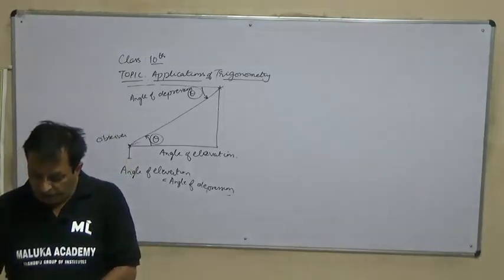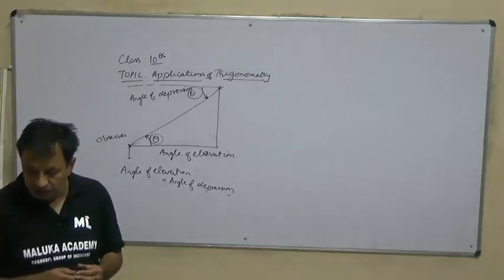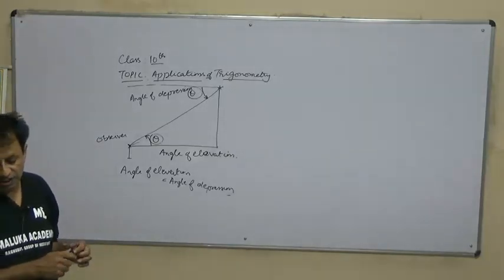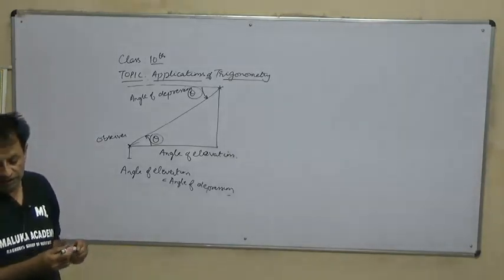For example, the shadow of a building is 20 meter long when the angle of elevation is 60. Find the height of the building.